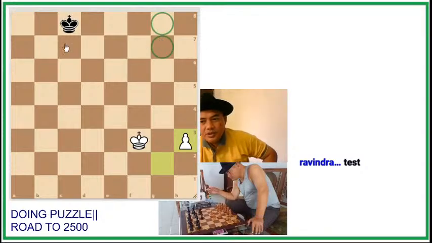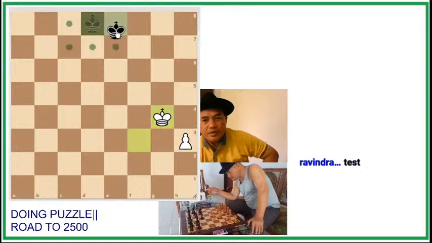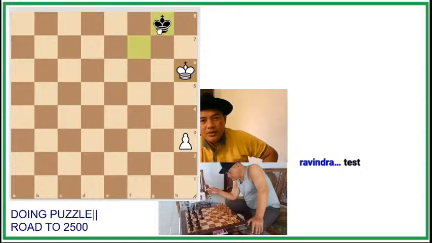Then in this position, it is black to move. If black can occupy this key square, then this is a draw. So black can move here, for example, move here, move here. Even if white gets here, black can occupy the key square. So black has occupied the key square, then this is a draw.